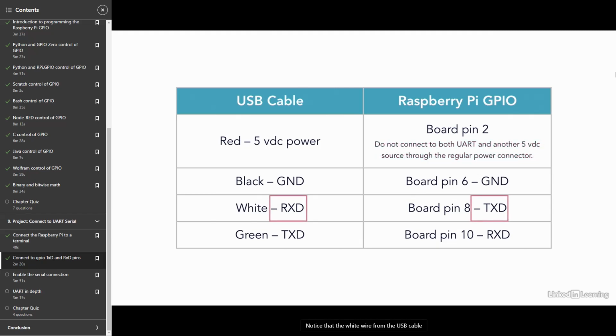Notice that the white wire from the USB cable is labeled as RXD, but it connects to the GPIO pin labeled as TXD. And the green TXD line is connected to RXD. This might not be what you would expect, so be aware of the mismatch.